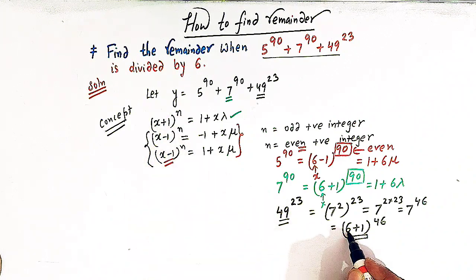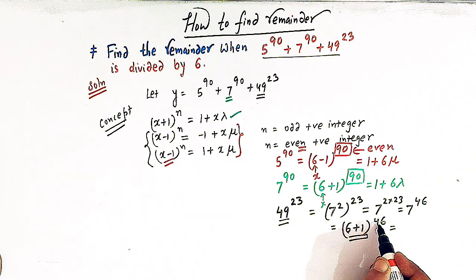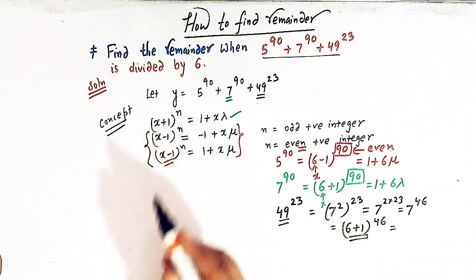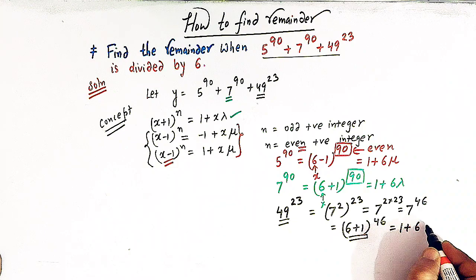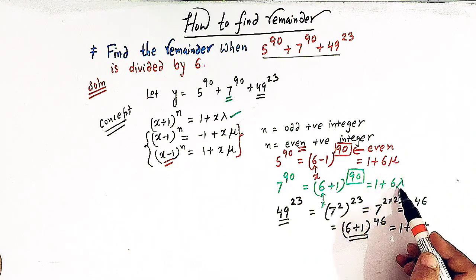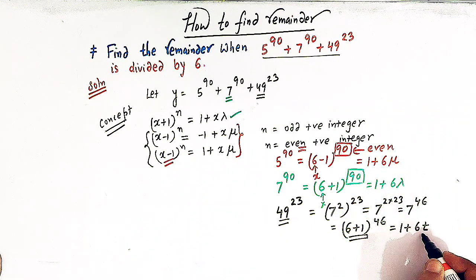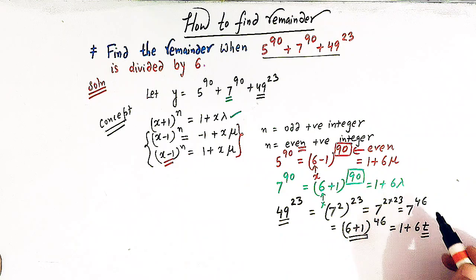Here again x is 6, so we can write it as 1 plus 6 times t. Because we have already used the notations lambda and mu, we are using another notation, t. And remember, mu, lambda and t are positive integers.